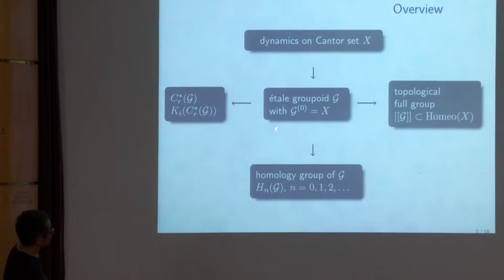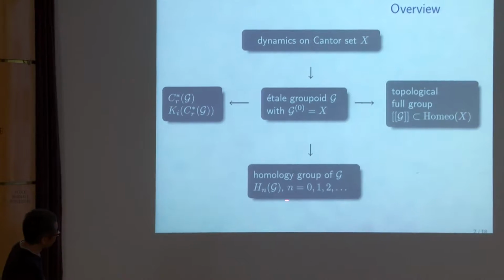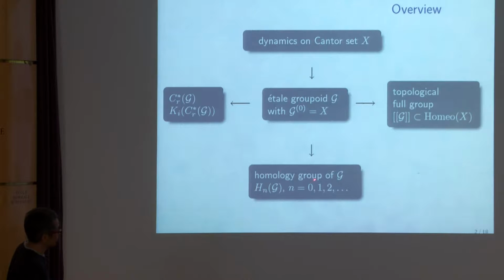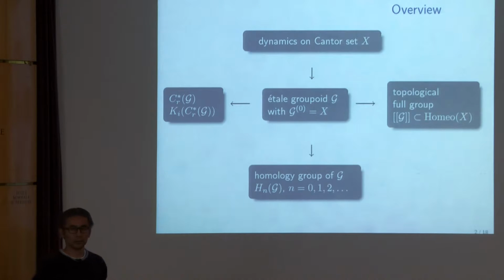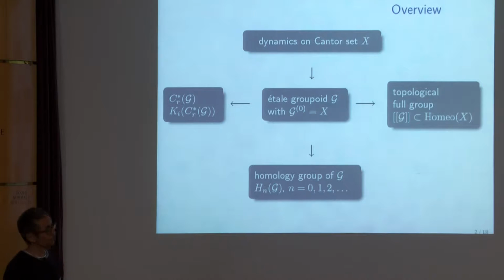Next, I can also consider homology groups of the étale groupoid G, denoted by Hn of G. It's a natural extension of the usual group homology, and this is an infinite family of abelian groups. And the last one is the topological full group, double bracket of G.